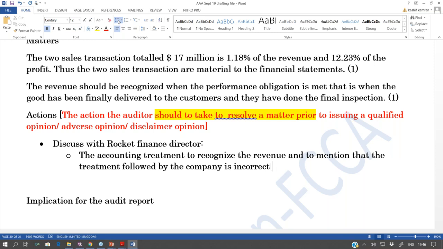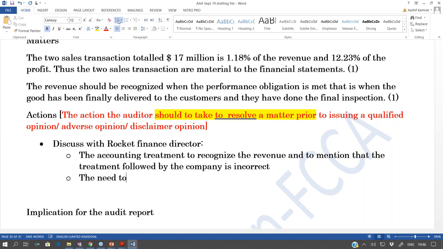Number two, discuss with Rocket's finance director the need to adjust the $17 million recognized as revenue, so that... these are actions you're taking when the problem has arisen.